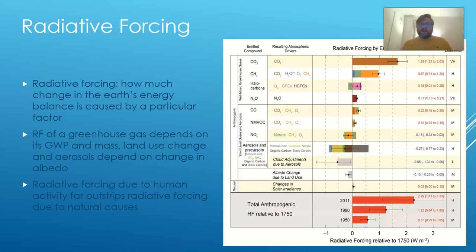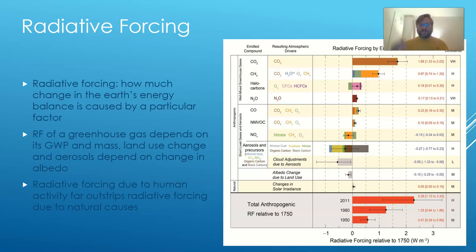Then we have radiative forcings that involve changes in albedo. So there's 2 main classes of those. One is aerosols. So these are things that go into the atmosphere that primarily end up reflecting back solar radiation. So they're increasing the albedo of the Earth, making the Earth lighter colored.